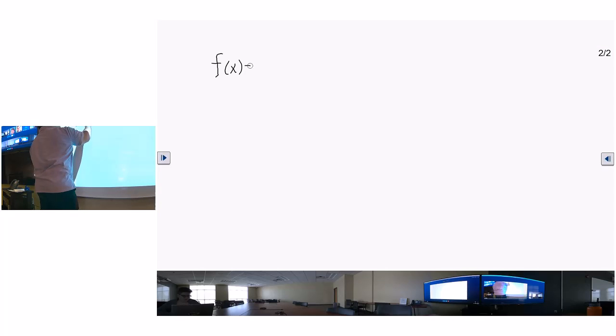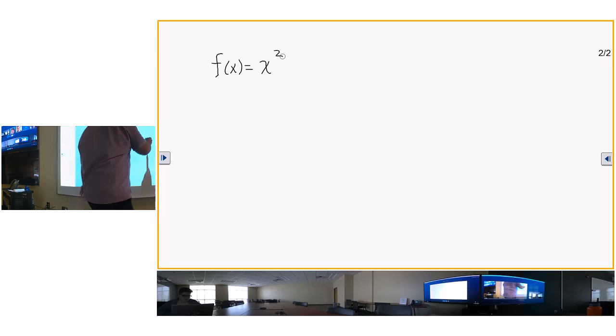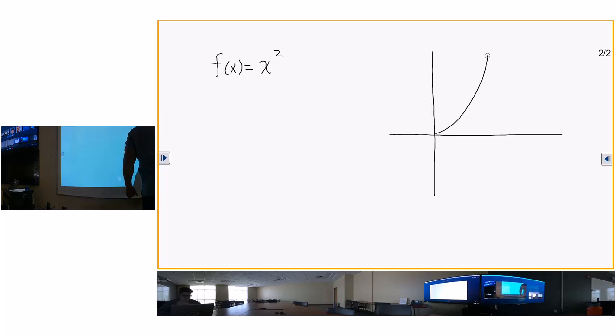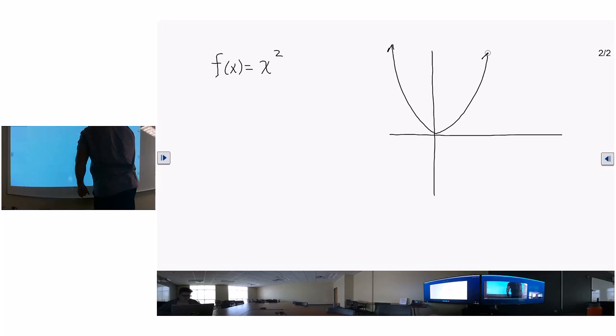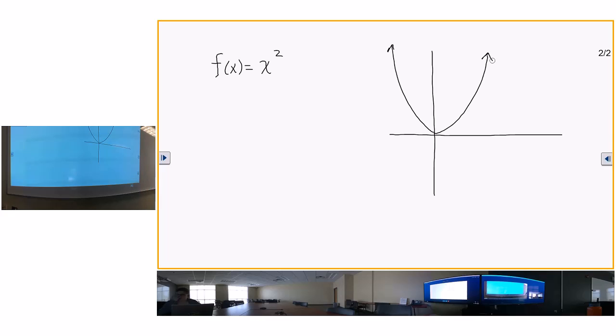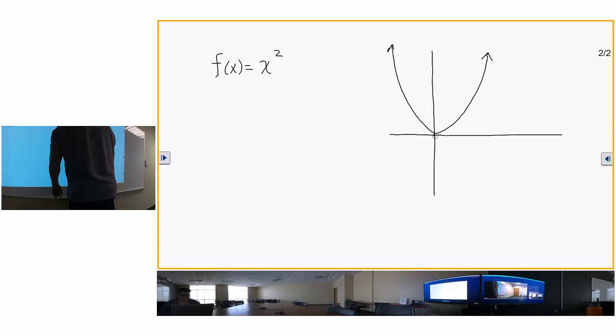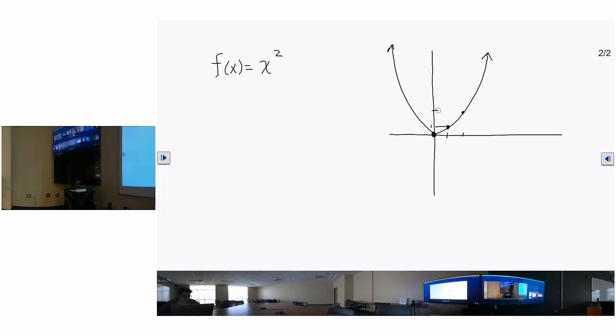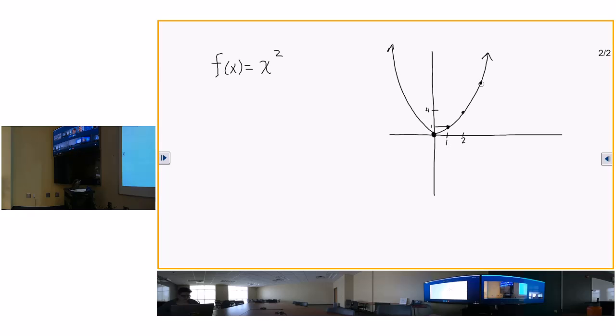Okay, so let's do x squared. F of x is equal to x squared. And we all know that this looks like this right here, right? Everybody agree with that? And we all know that this point is (0, 0), this point is (1, 1), this point is (2, 4), and this point is (3, 9).